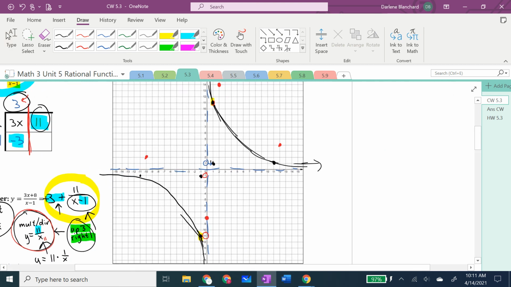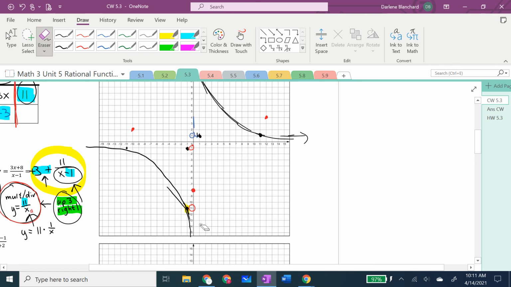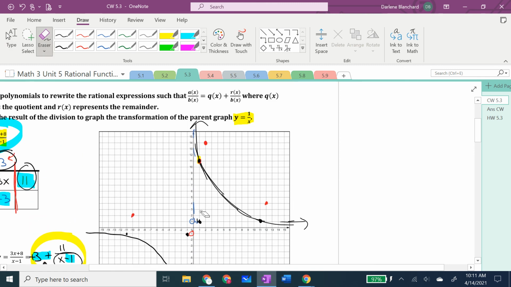Most importantly, though, those asymptotes. I'm going to erase the asymptotes as they are. And as I show you how to do this, you need to be thinking about how much work you need to go through to properly get these graphs. You may not need to draw these asymptotes until you're at the end of the graphing, and that's fine.